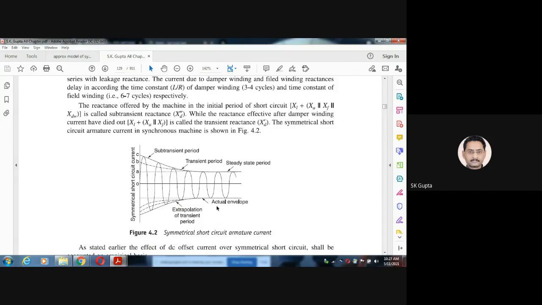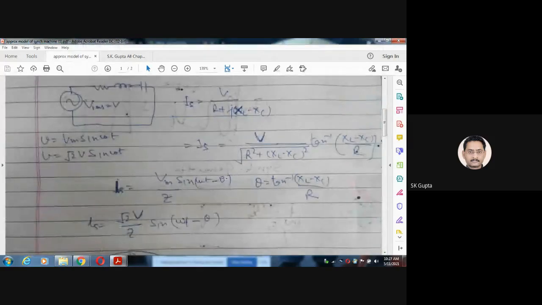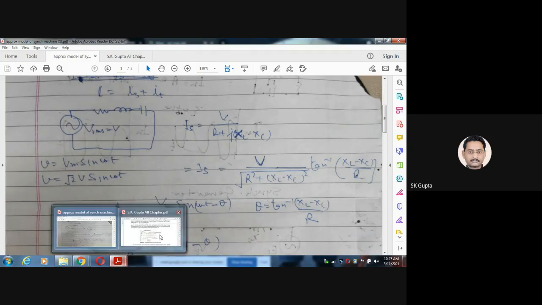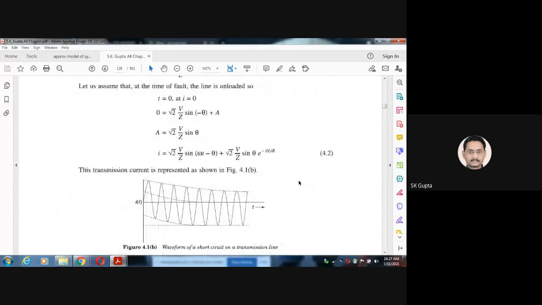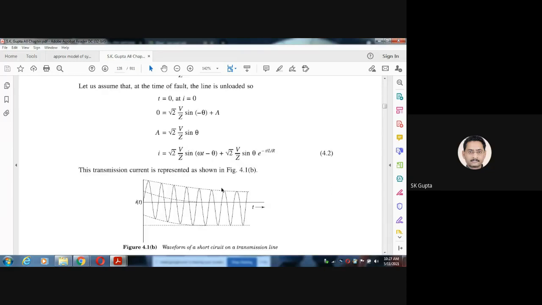The current will be E by Z. When only Z is there, finally the current will be this, and it will be represented here by only this portion, the steady state current.